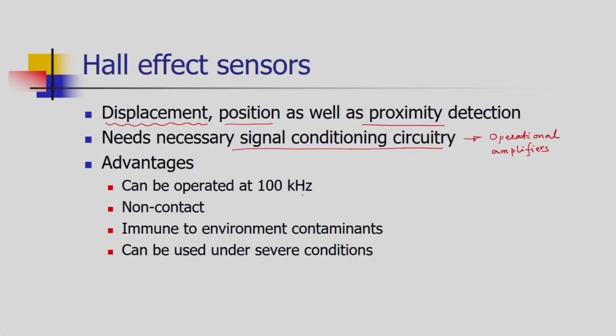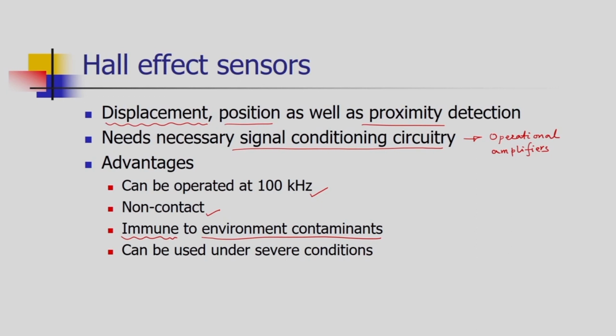What are the advantages? The frequency capability is quite high, around 100 kilohertz. It is non-contact and it is immune to environmental contaminants. So, for processing of biological fluids or pharmaceutical fluids, we can use the Hall effect sensor.